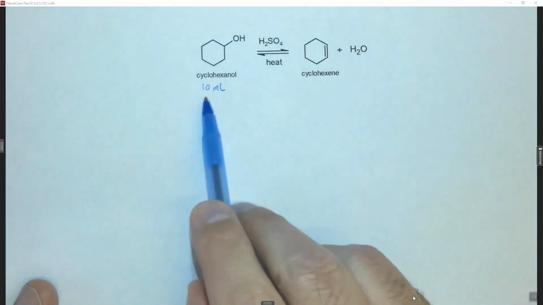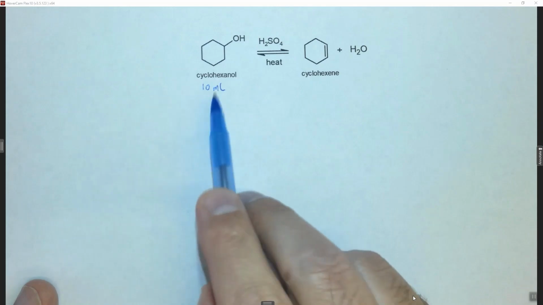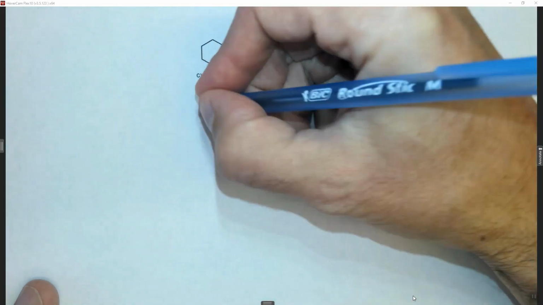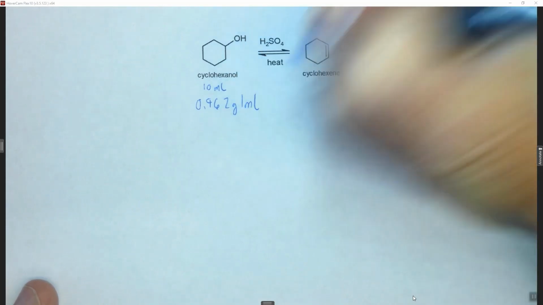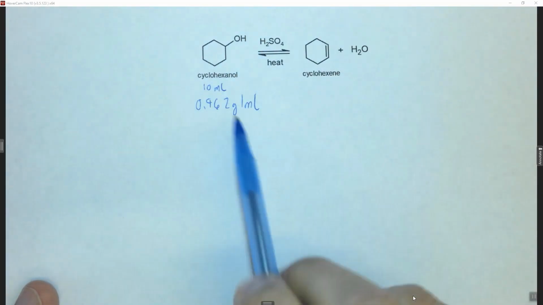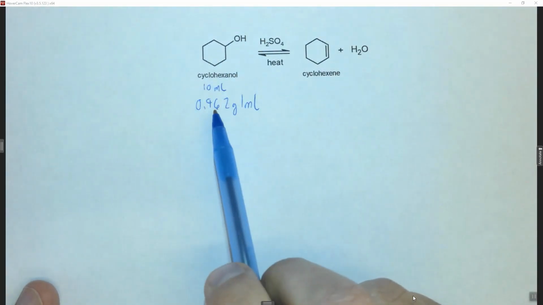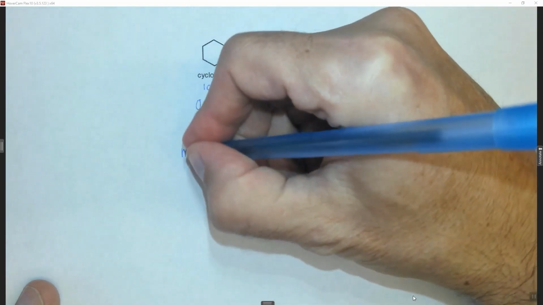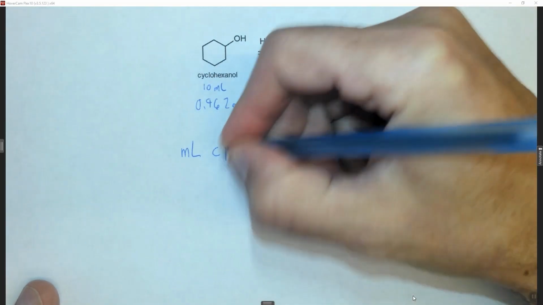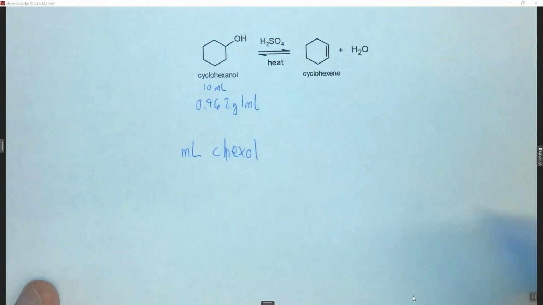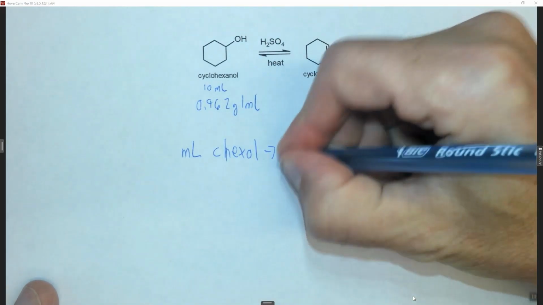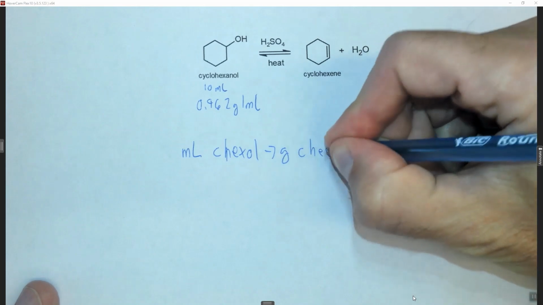All right, so since we're using 10 milliliters of this, we actually need to know the density. If you look up the density, it's 0.962 grams per milliliter for cyclohexanol. So we need to convert the milliliters to grams. We need to convert the milliliters of the, I'm going to call it C-hexol, just so I'm abbreviating it, to grams of C-hexol.